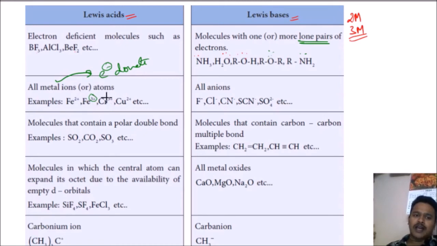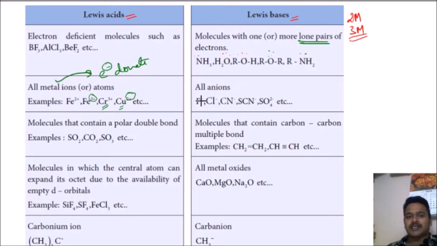Chromium 3 plus has already lost 3 electrons. Copper 2 plus has already lost 2 electrons, now also electron deficient. So they are called Lewis acids. All metal ions, I am not saying a metal. Metal means electron donor. Metal ions, after donation, are poor in electrons, so now they can behave like Lewis acids.